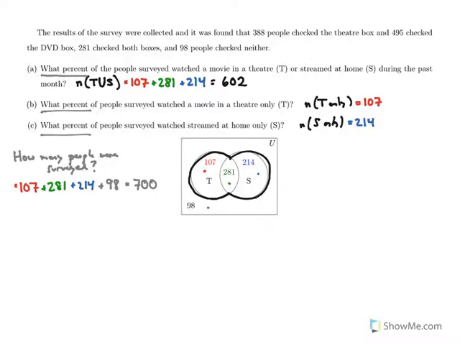So when we answer these questions now, what percent, we're going to take the 602 that we found, that's the number of people, divided by the 700 for part A. For part B, the T only, we're going to take 107 and divide that by 700. And for part C, we're going to take the 214 and divide it by 700.